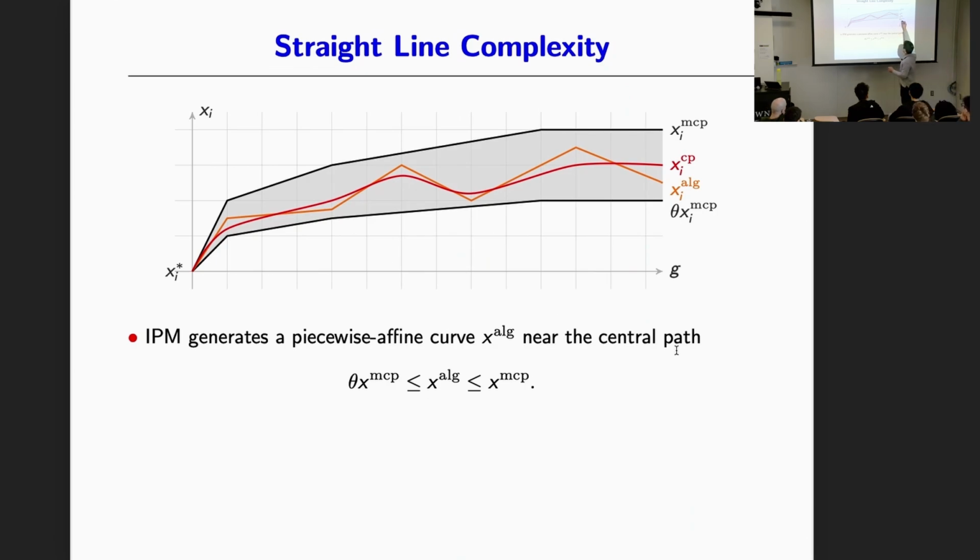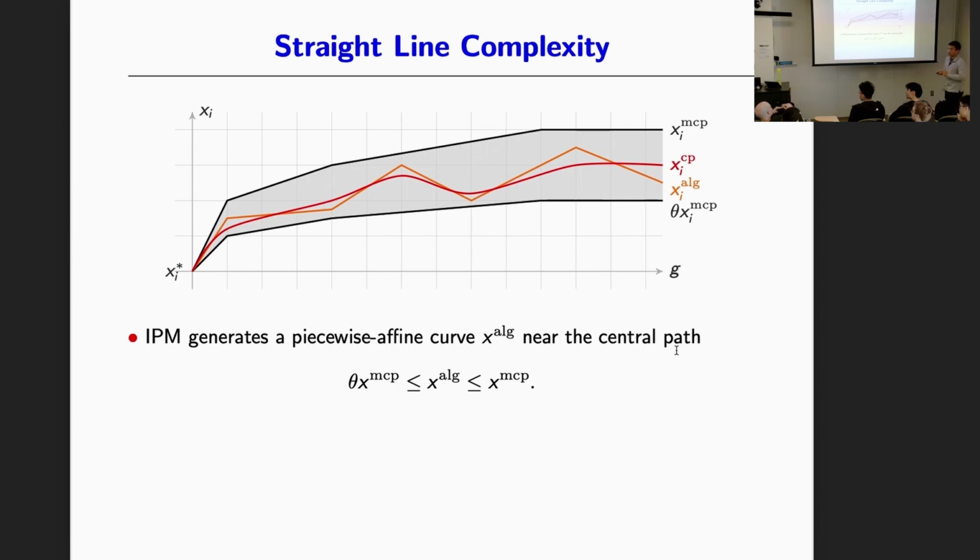In every iteration, it starts from some point close to the central path, computes a direction to move by solving a Newton system, and then moves in that direction until it realizes it goes too far away from the central path, and then it stops. Then it repeats the procedure. So you can think of the trajectory as a piecewise linear curve in the theta neighborhood of the max central path for some small enough theta.